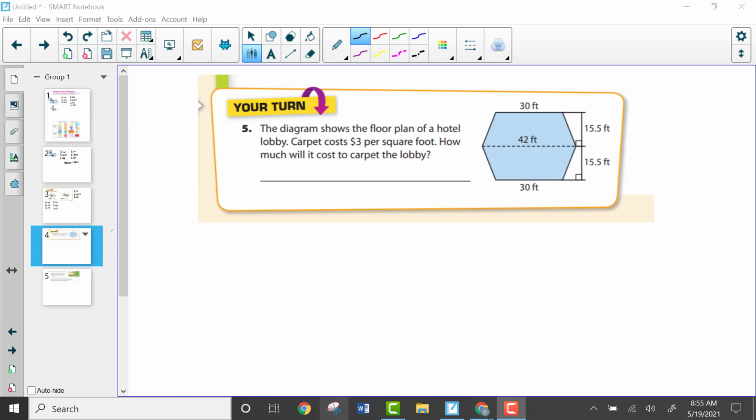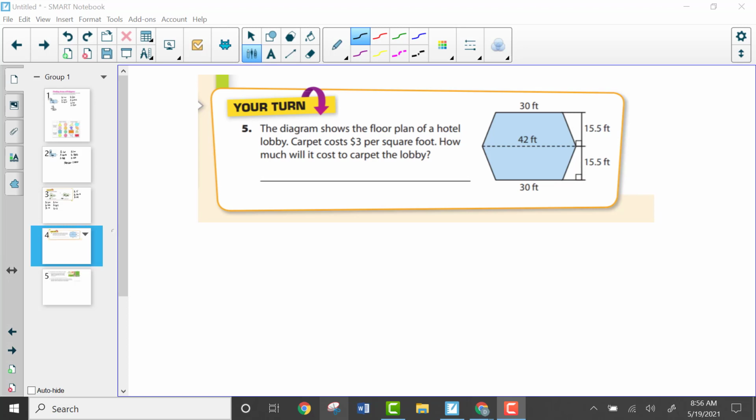Now we're going to take a look at solving real-world problems, and I want you to turn your Go Math book to page 391. And it says under that section, you can apply the technique of dividing a shape into smaller shapes in problems that involve finding area. So now we're going to take a look at number 5 on page 392.